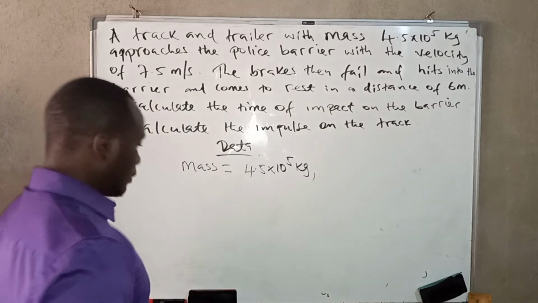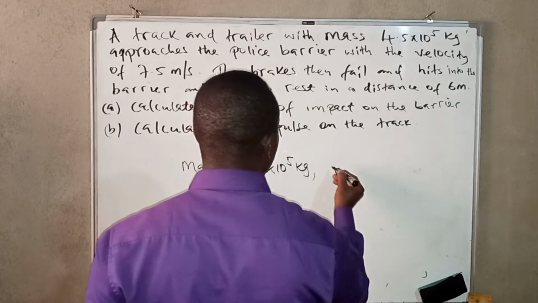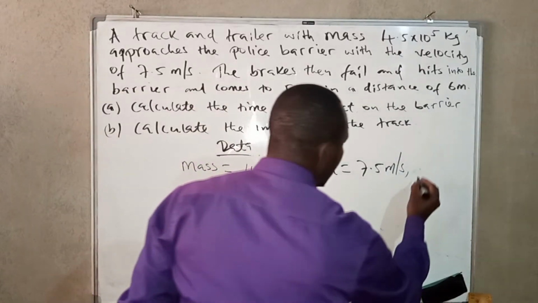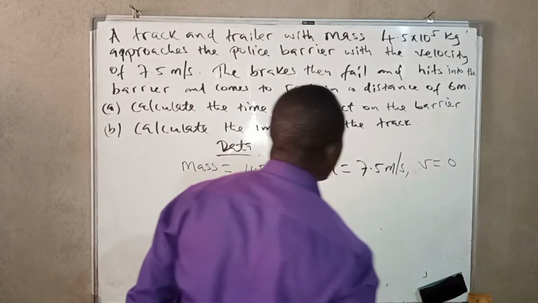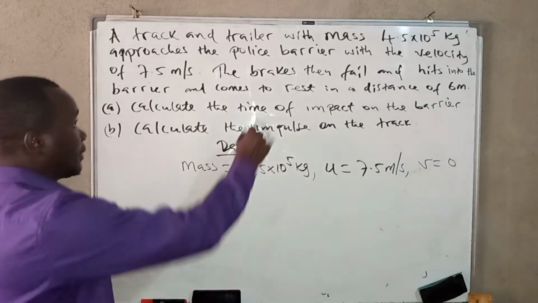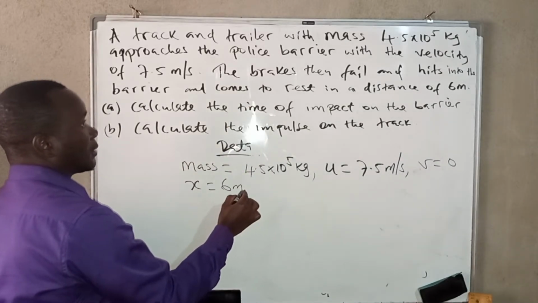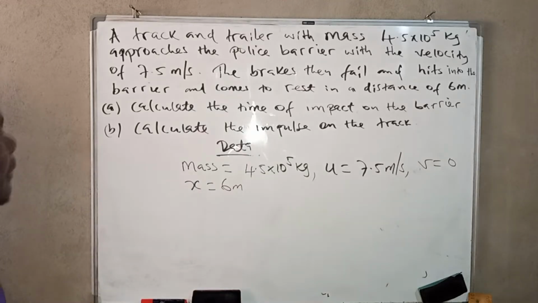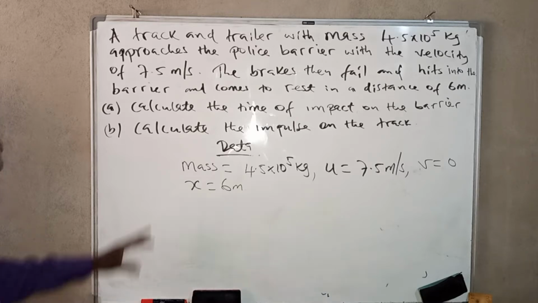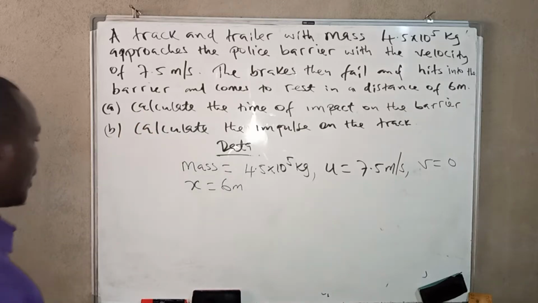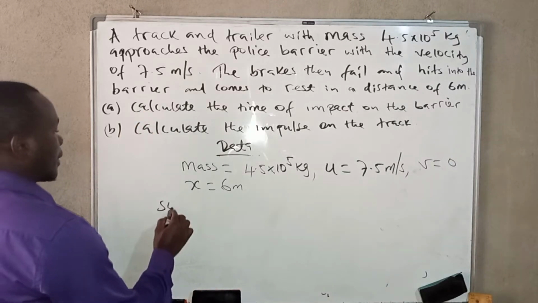We have the initial velocity, 7.5 meters per second. When it comes to rest, the final velocity will be equal to 0. Then we have the stopping distance, which is x, 6 meters. So the information that we have is sufficient enough to find what we are required to find. Here we are trying to find the time of impact on the barrier. So we can say solutions.